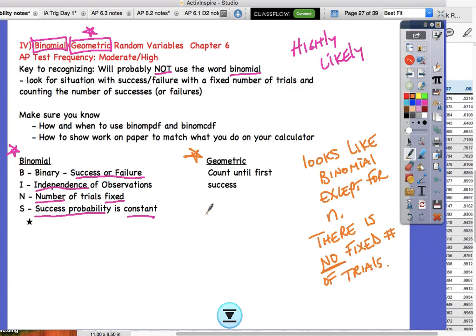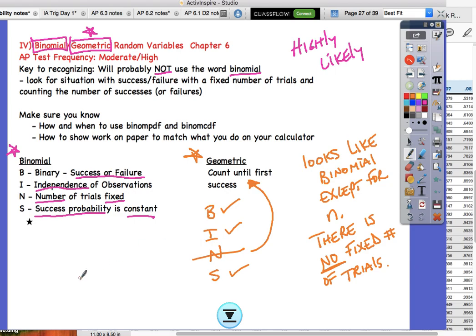Okay, so we still have a success and a fail, we still have independence, and we still have a constant probability of success. But we do not have a set number of trials. What's going to happen is we're going to count until the first success. So you're just going to keep going until you get a success. That is the difference with geometric.